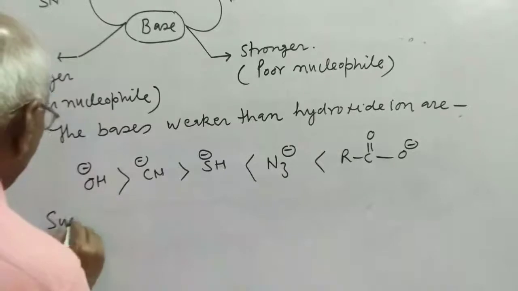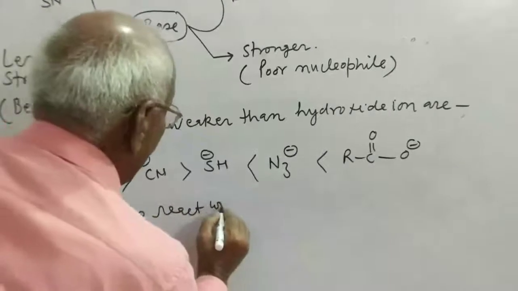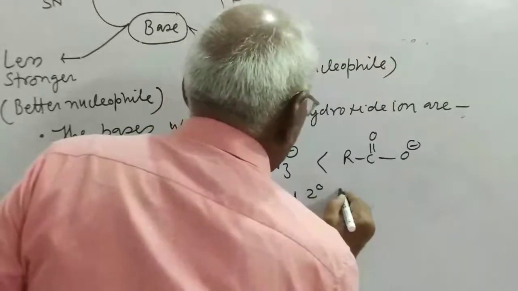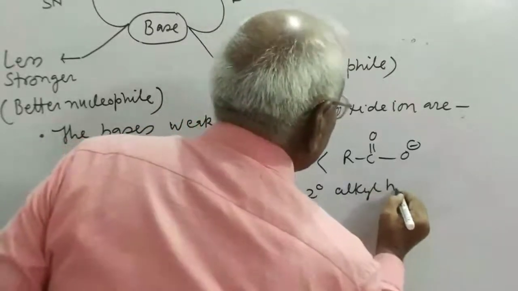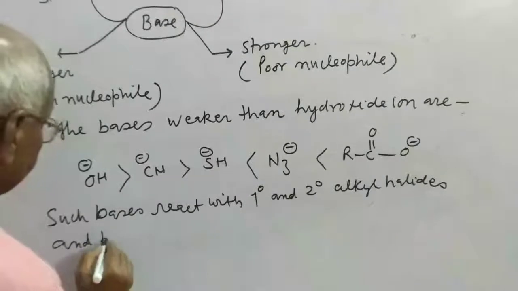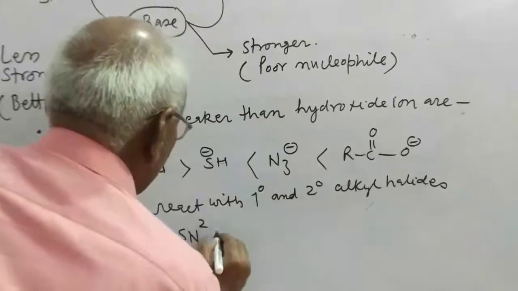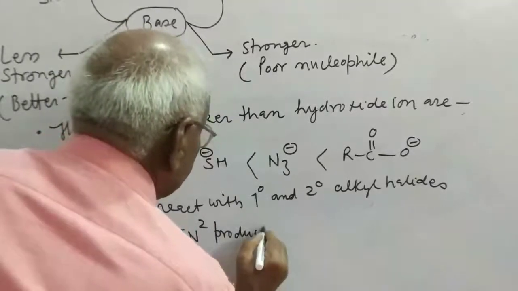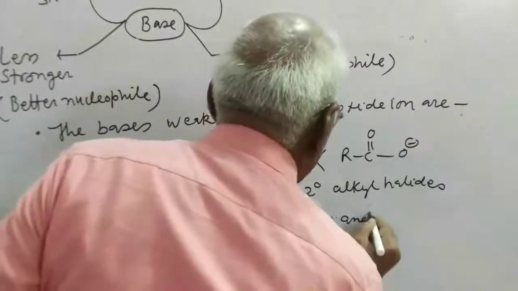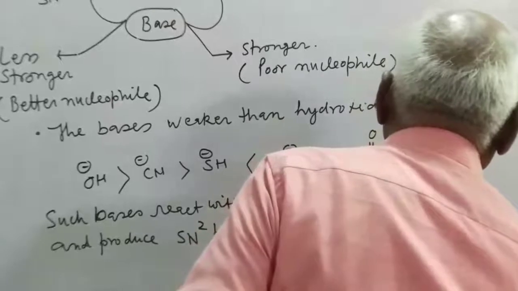Such bases react with 1 degree and 2 degree alkyl halides and produce the SN2 product as the major product, and the E2 product as the minor.